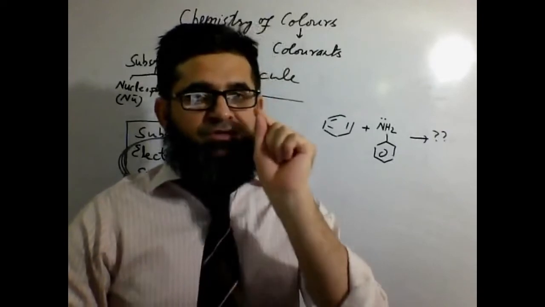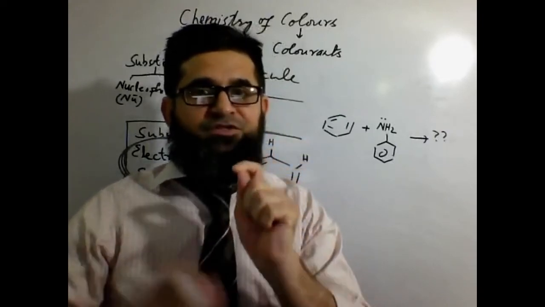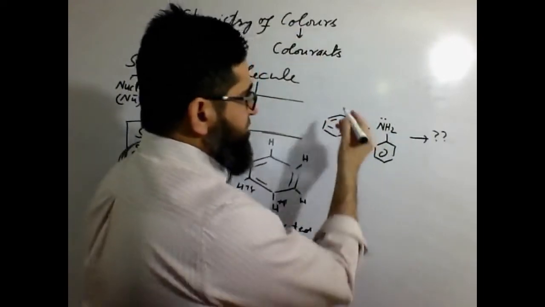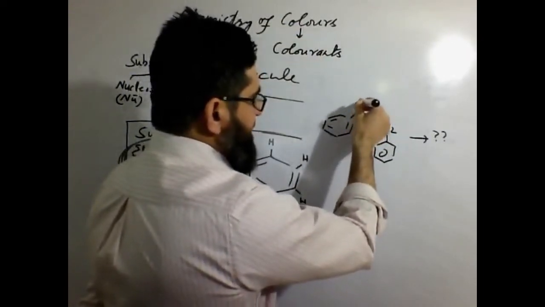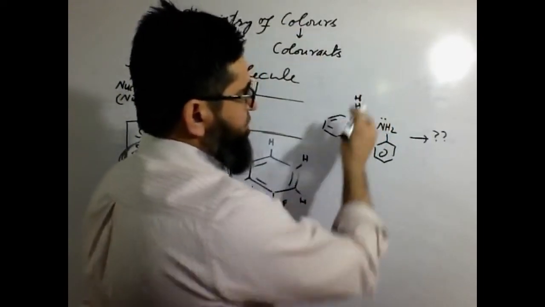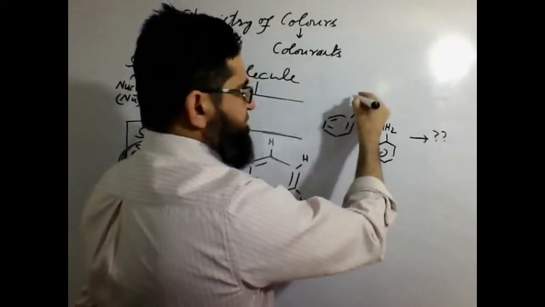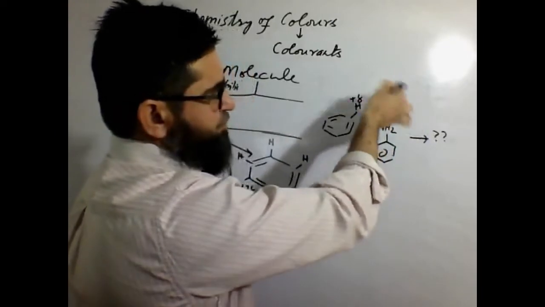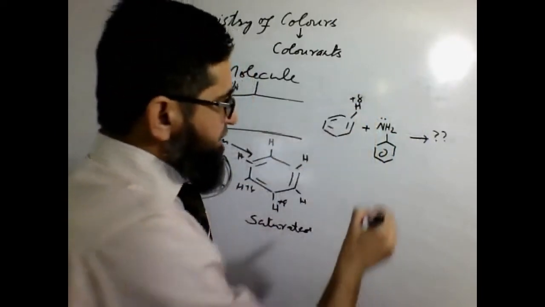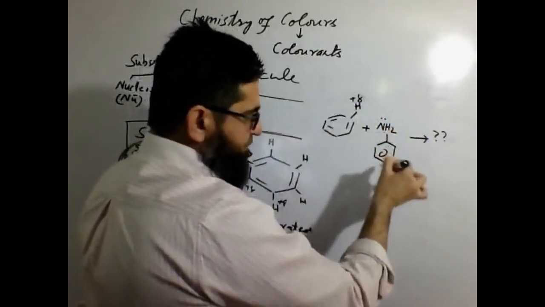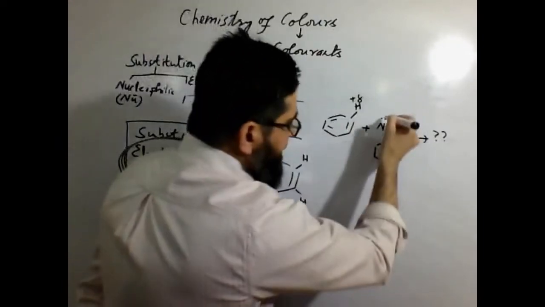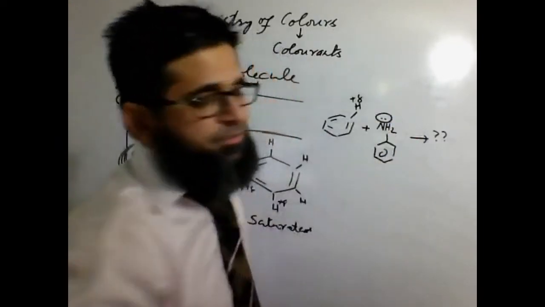So somebody who carries positive charge should come from outside, because our proton also carries partial positive charge. At the moment, in this molecule, NH2 carries a lone pair of electrons.